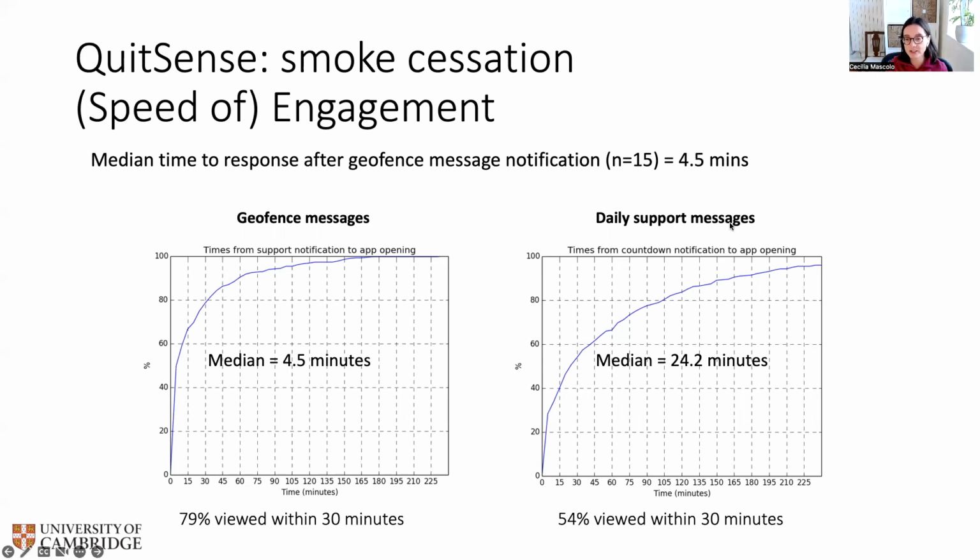The other shows messages that were sent at random times of the day. The probability of opening a message earlier was higher for the geofence message. 79% of users viewed the message within 30 minutes, versus 54% for random messages. So there is a signal that considering location for these messages might allow you to get the attention of the user a bit better.